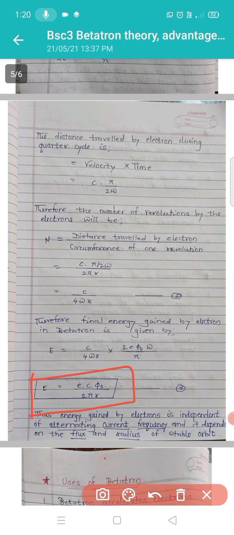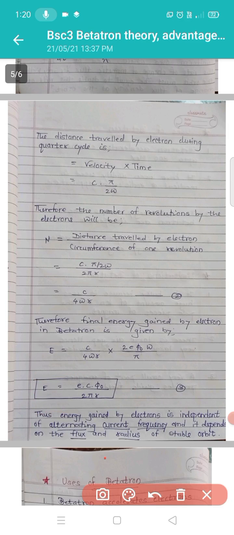Thus, the energy gained by the electron is independent of the alternating current frequency and depends only on the flux and the radius of the stable orbit. Understood? This is the energy gained by the electron in betatron.